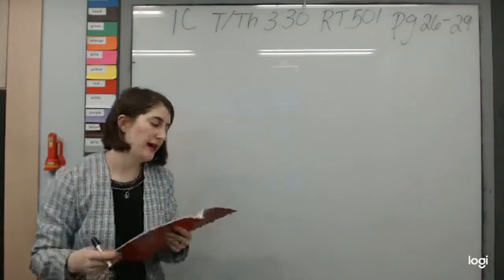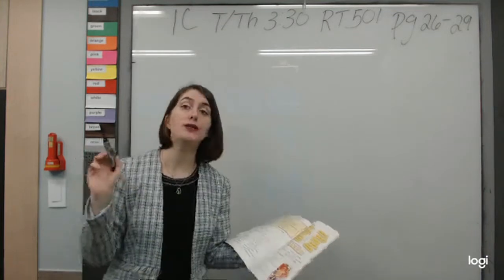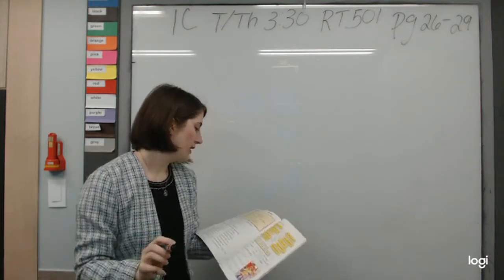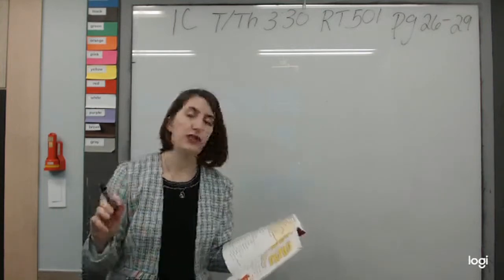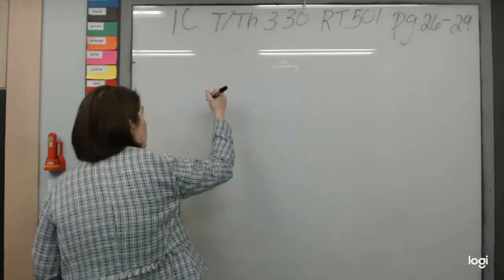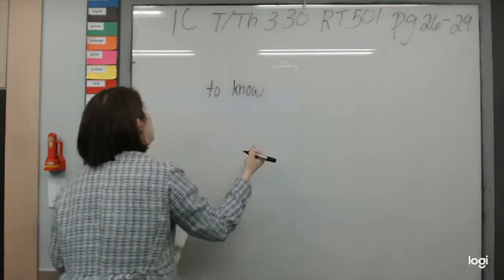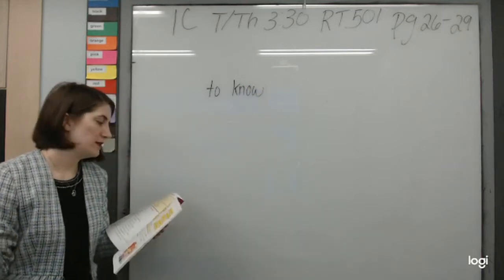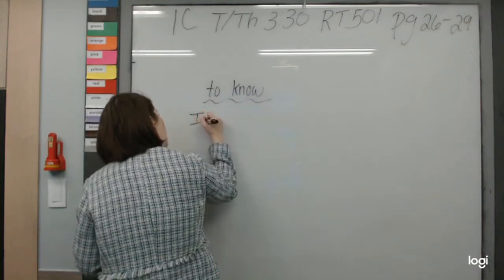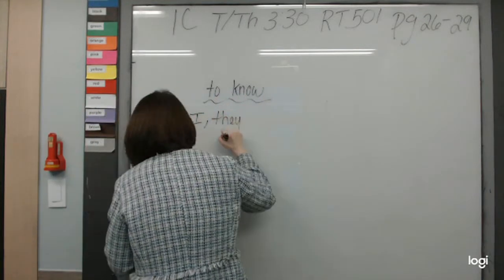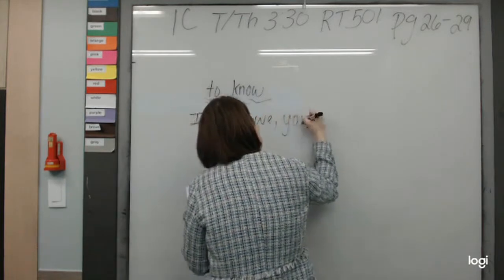With our verb today, for the first section, we are going to use to know. So we're going to complete the sentences with the correct form of to know. Now, with to know, do we remember our verb rule? For I, they, we, and you, what do you think?